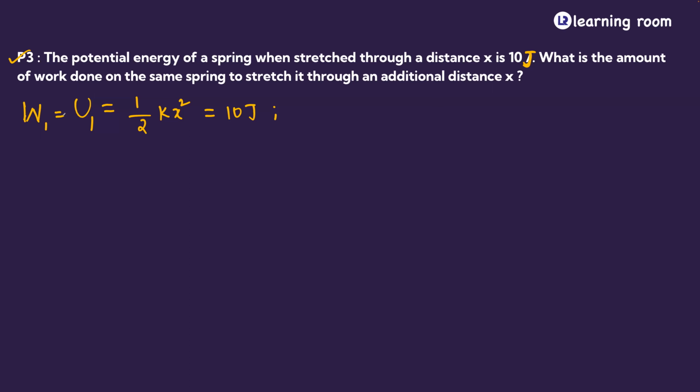Now the second case is, what is the amount of work done on the same spring? When they say same spring, what is the meaning of it? The spring constant is the same. Because for a spring, the spring constant is fixed. So that is the meaning of when they say same spring, it is stretched through an additional distance of x. So if I observe, U2 is equal to half k into, how much is it going to be? 2x the whole square.